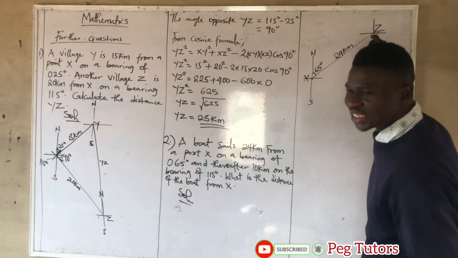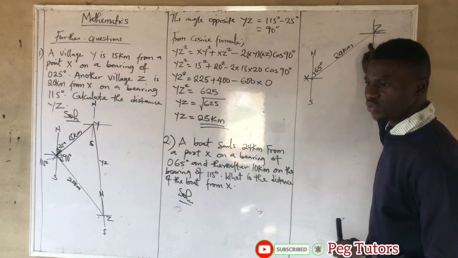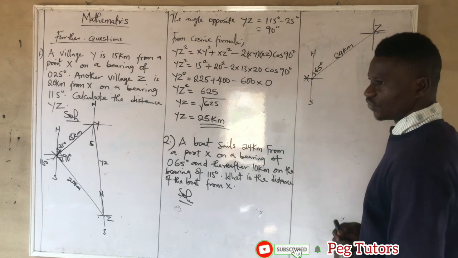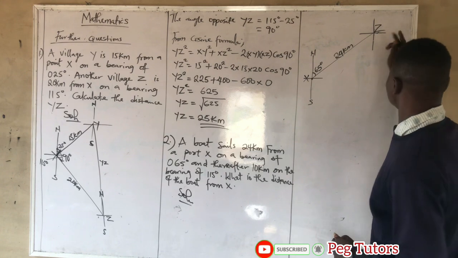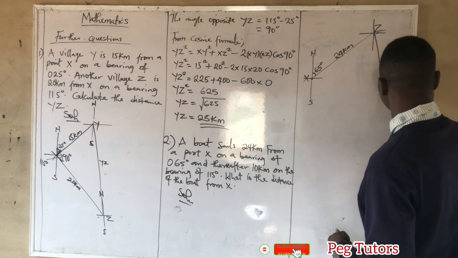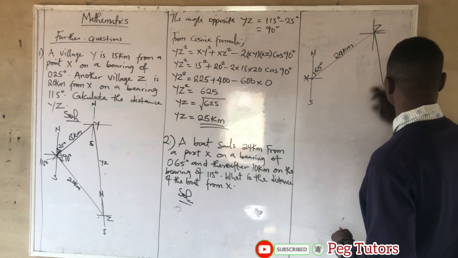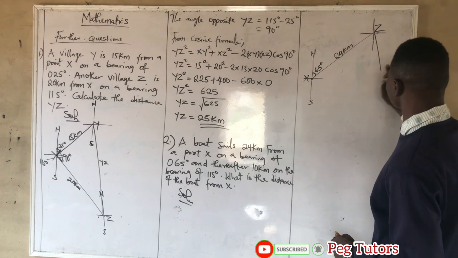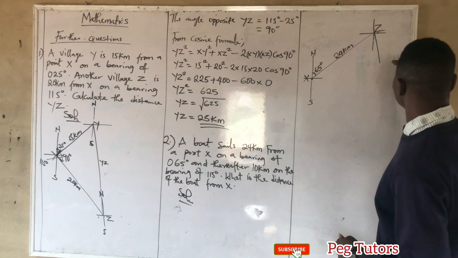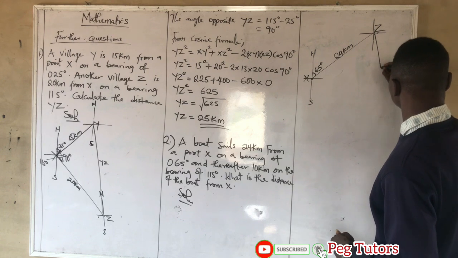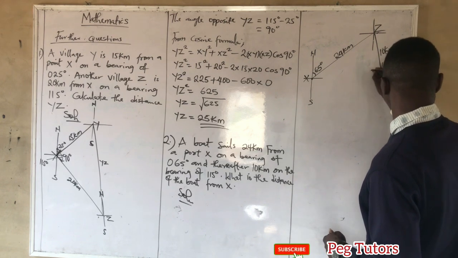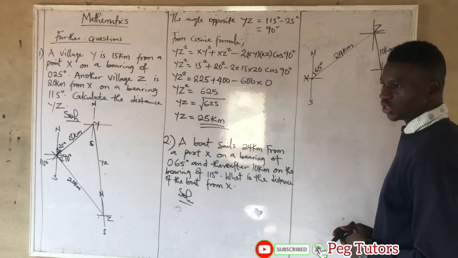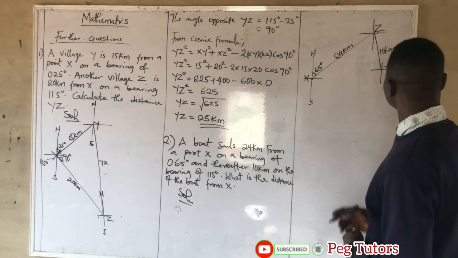Where is 115? 115 is between south and east. So you move this way, 10 kilometers. Remember, this one is 24, so 10 has to be smaller. So 10 kilometers to another point, Z. This is the final position now.